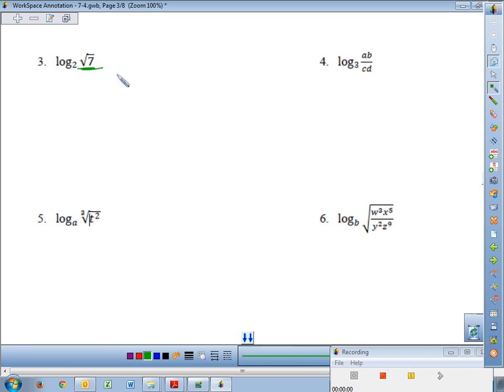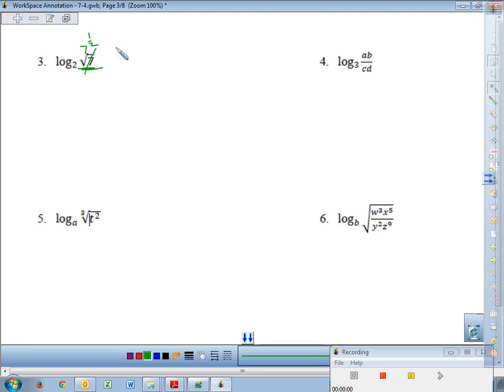The argument is the square root of 7. Can you rewrite that square root of 7 with a rational exponent? 7 to the what? So cross that out and just put 7 to the 1/2 right there. Isn't that really what the square root of 7 is? 7 to the 1/2. You with me?